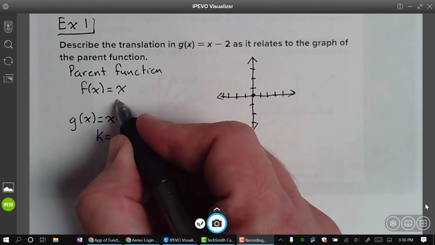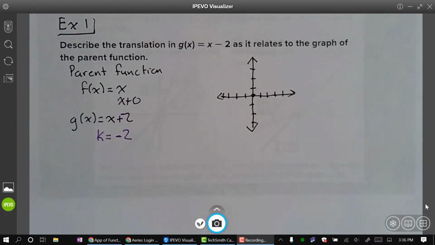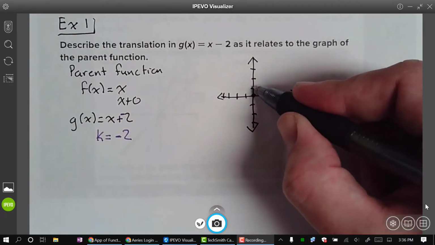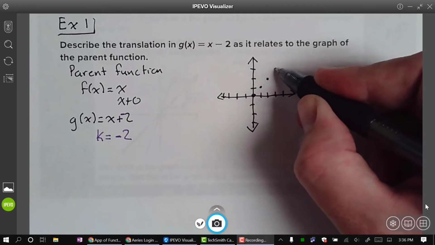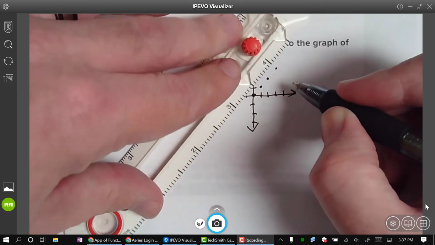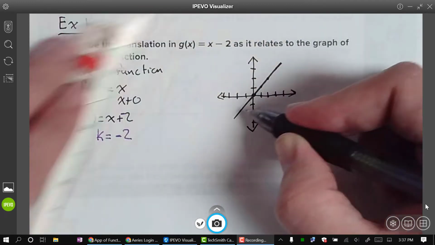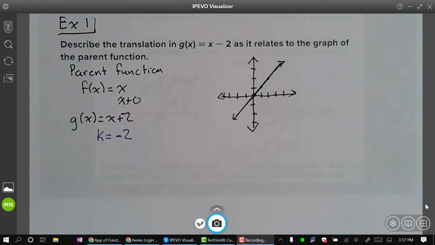So we could write x plus 0, which looks like y equals mx plus b. The slope is up 1 over 1, up 1 over 1, up 1 over 1. That is my parent function.